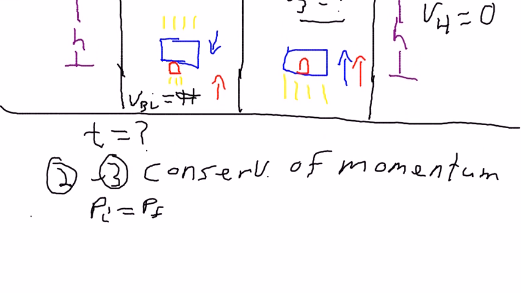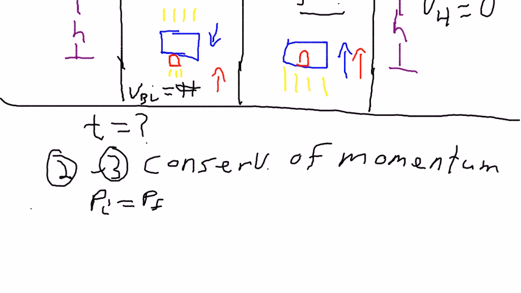In this case, both the block and the bullet are moving initially, so you're going to have the mass of the wood block multiplied by this v2 value that we don't know, plus the mass of the bullet multiplied by the initial velocity of the bullet.